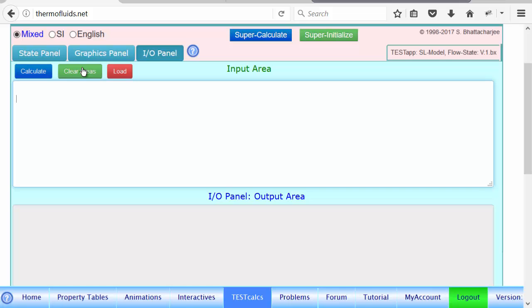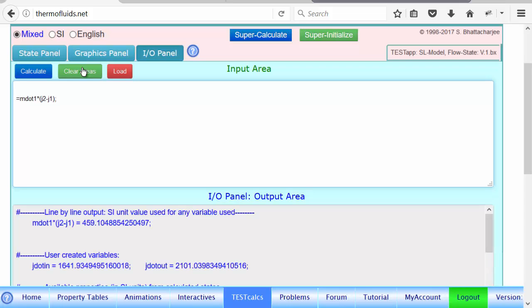And we can figure out the change in flow energy without a variable. You can write just an equal sign if you just want to find the amount. M dot 1 star J2 minus J1, J being the specific flow energy. And so the amount we get is 459, as you can see right here.